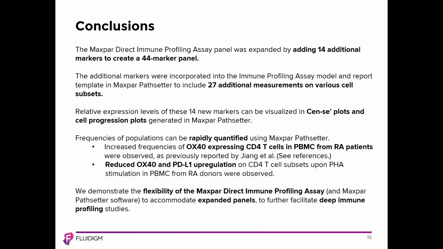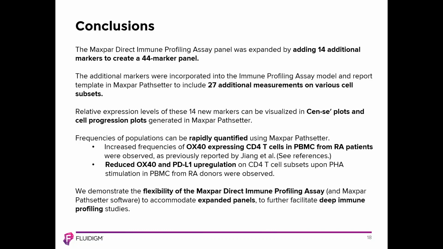So to summarize, I'd just like to showcase or tell you that we've added 14 additional antibodies to the base 30 marker panel in the Maxpar Direct Immune Profiling Assay to look at a 44 marker panel. We actually use these 14 additional markers to incorporate 27 additional measurements into the Pathsetter report.